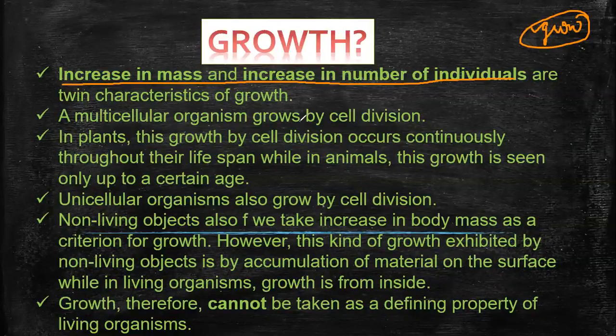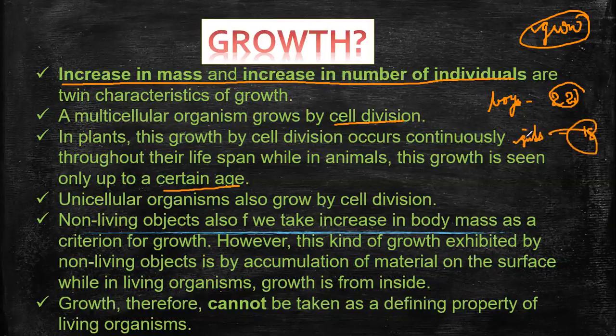A multicellular organism grows by cell division. In plants, growth occurs continuously throughout their lifespan, while in animals, growth is seen only up to a certain age. For example, in boys, the increase in height almost stops around the age of 22 years, whereas in girls it stops by the age of 18 years.